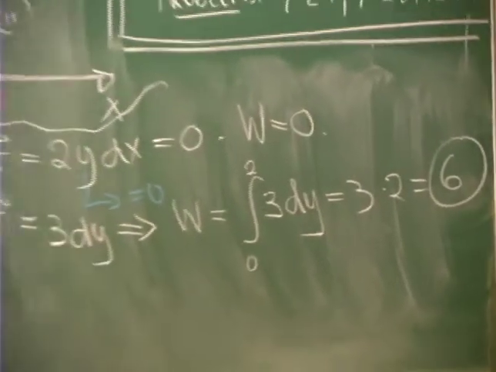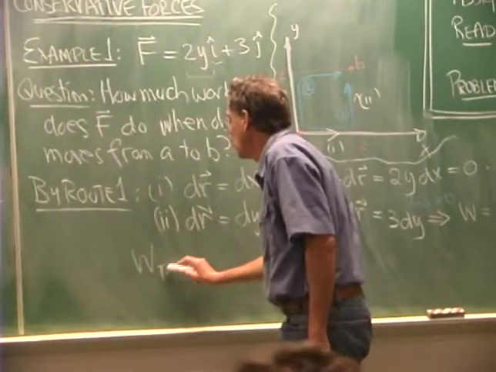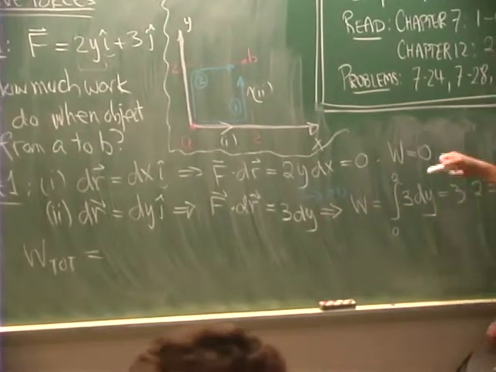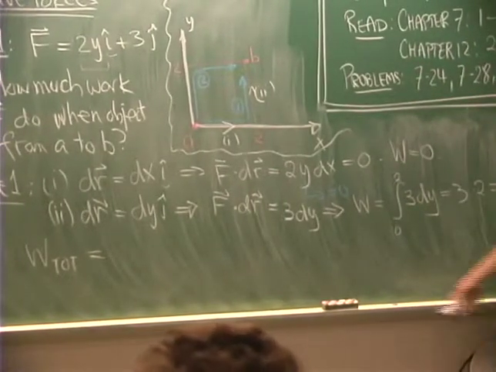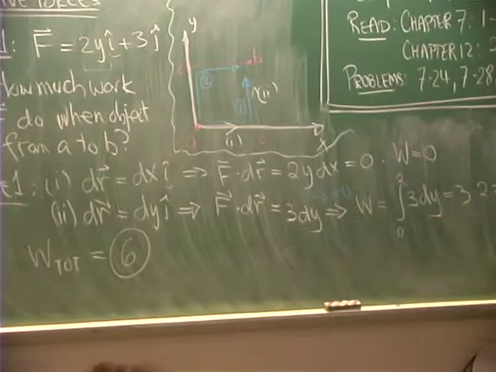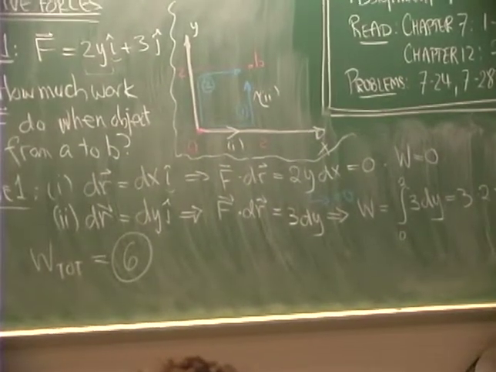What was the total work done then to go from A to B via route 1? 0 plus 6 is 6. Okay, let's do it the other route now.